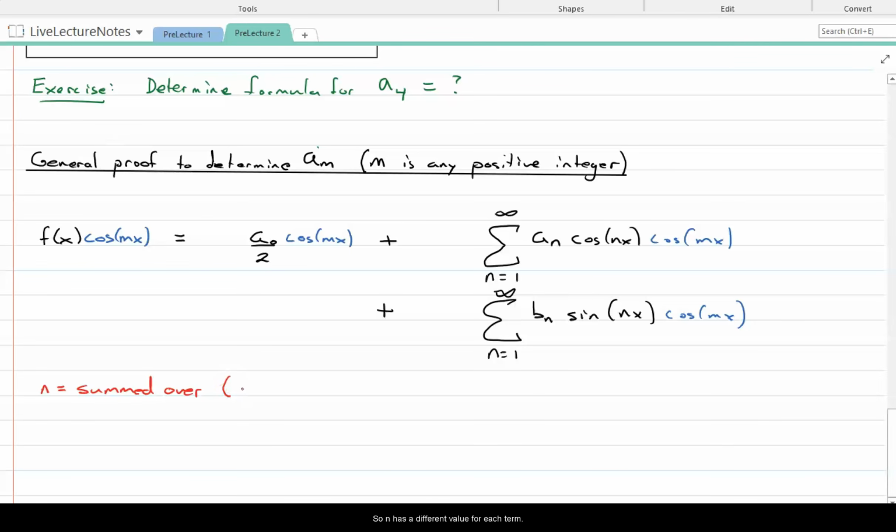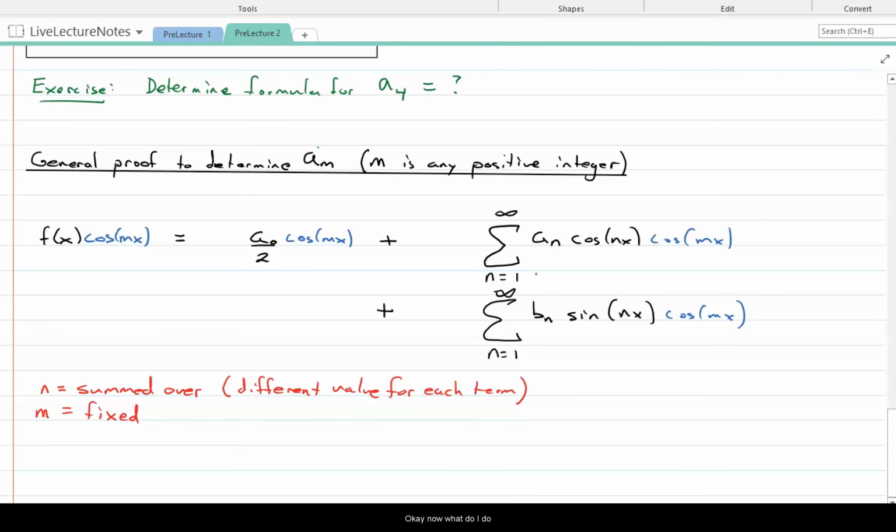So n has a different value for each term, and m is fixed, so it's the same everywhere. It's not summed over. You can see that the n is summed over, it's in the bottom of that sum, but m is just a fixed number.